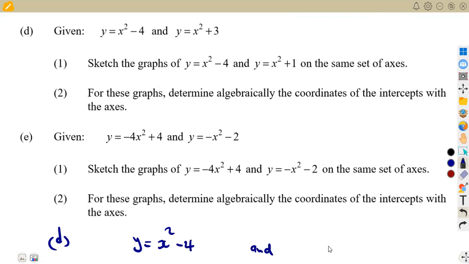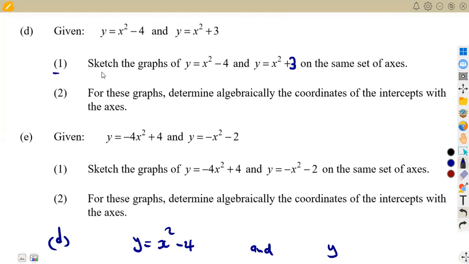And the other graph is y is equal to x squared plus 3. Here they're saying sketch the graph of y is equal to x squared -4 and x squared, but this is a mistake. It's supposed to be x squared plus 3, all right? On the same set of axes.